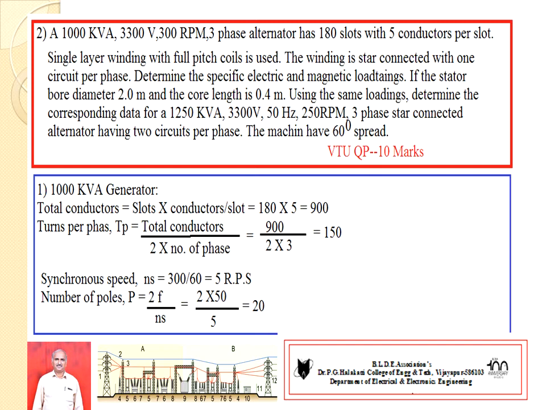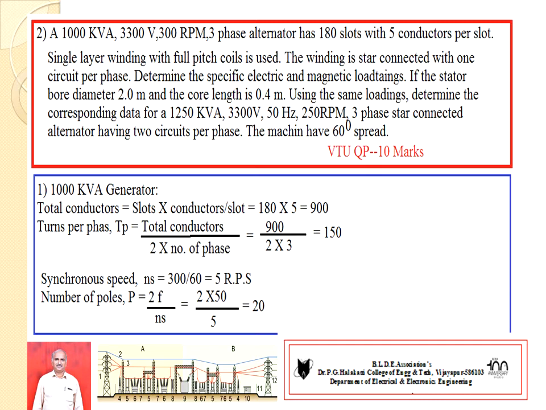Remember, the problem is complicated, but if you understand it very well, then the problem becomes easy. Getting the idea? First case, you have to calculate B average and AC. That B average and AC remain the same for the second alternator. That's all. So start solving.